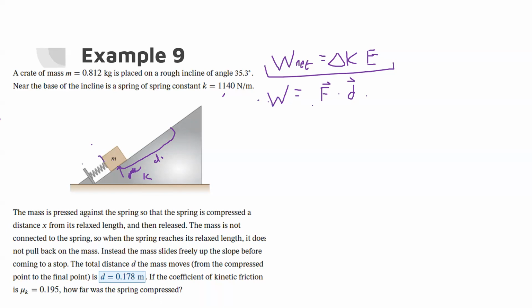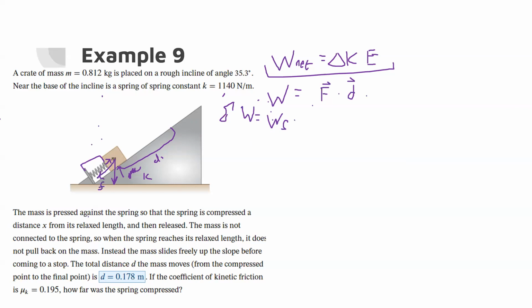Here the force of the spring is acting in the direction of motion. What I'm looking for is the sum of the work, the net work done on the object. All my forces are: there's a force of the spring, there's the force of gravity, and there's the force of friction that's going to push back that way.